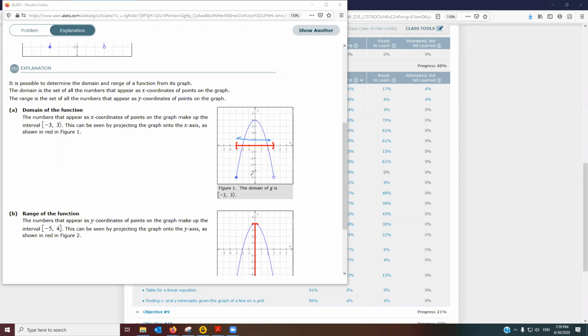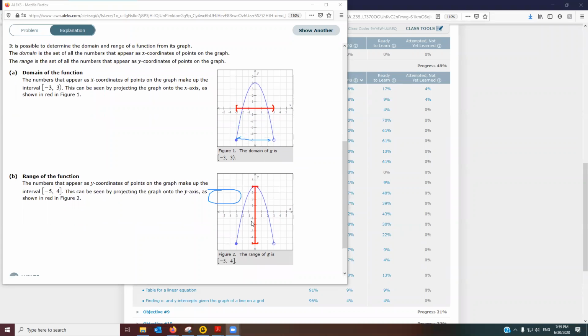And notice this red line extends from -3 to +3. And here's the domain with the bracket on the -3 and the parenthesis on the +3. Let me scroll down to look at the range. For the range, they sketched out this red line. And notice it extends from -5 up to +4. And they put brackets on either side.